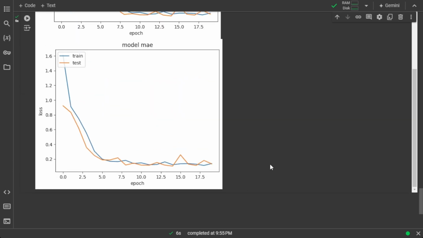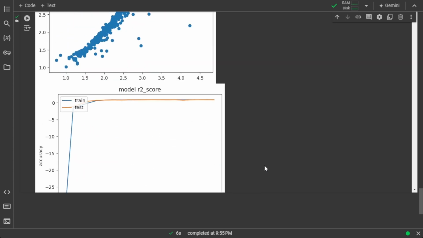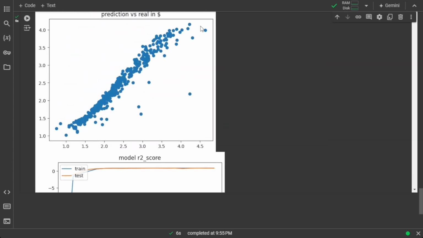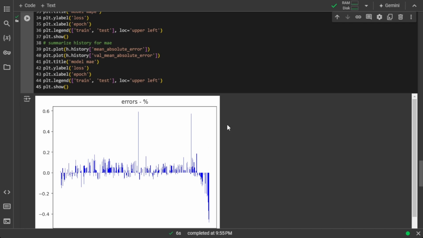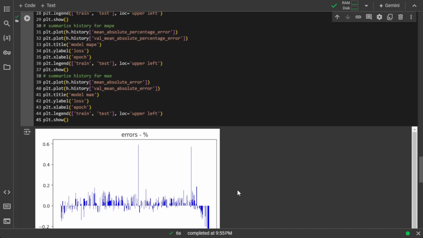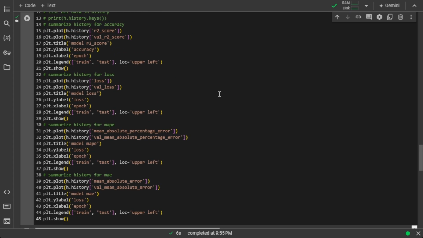So there you basically have it, folks. That's it. You can see the predictions give a pretty good output. You can see the errors are within a range. There are a few big ones, but maybe there are bad data items. You know what I mean?